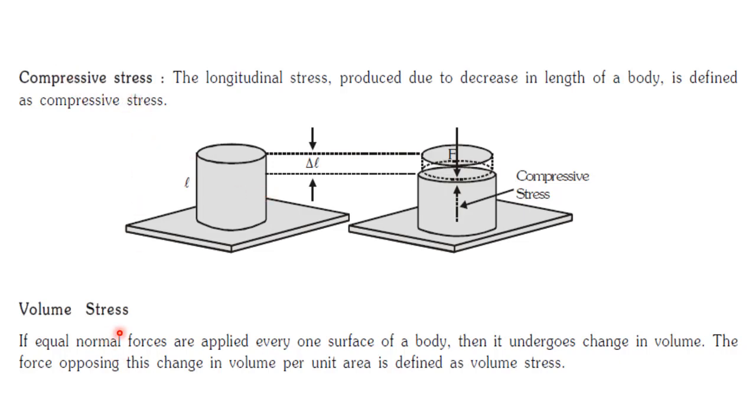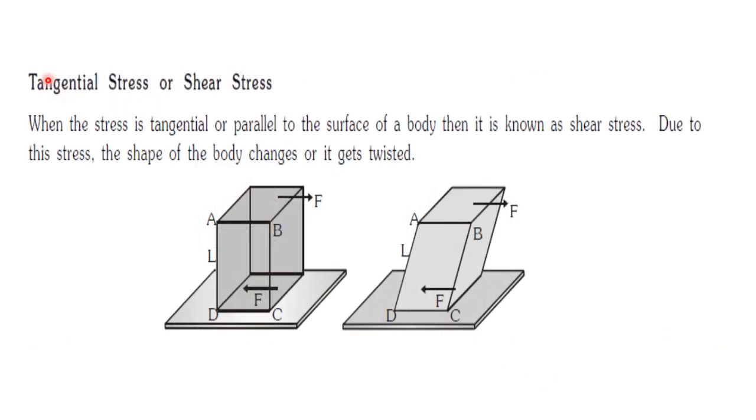What is volume stress? If a force is applied normal to the surface of the body, but the volume changes, then we say it is a volume stress. What is tangential stress or shear stress? When the force is applied parallel to the surface of the body, it is known as the shear stress.